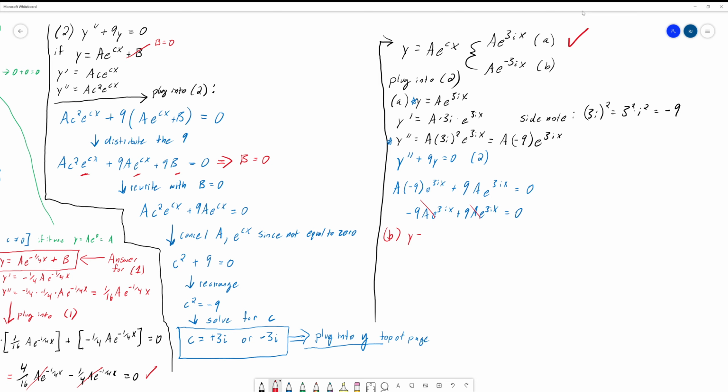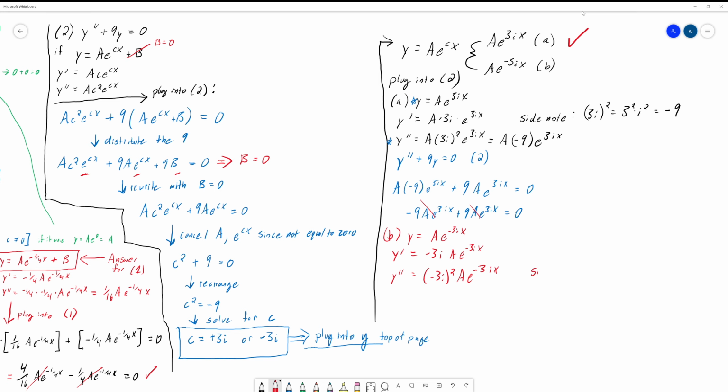Well, what about B? Let's do B real quick. We're going to have y is going to be a e to the minus 3ix. Y prime is going to be minus 3i times a e to the minus 3ix. Y double prime is going to be minus 3i squared times a e to the minus 3ix.